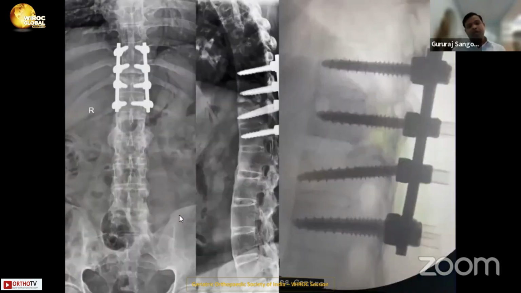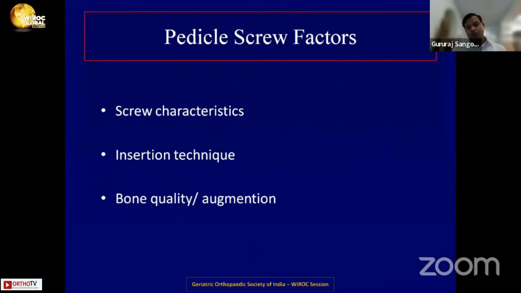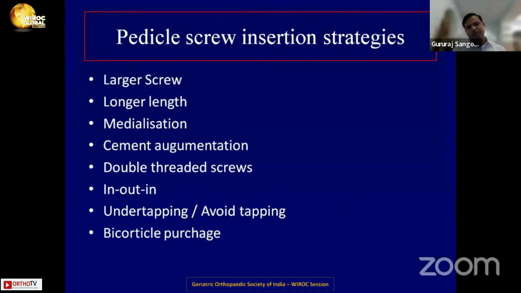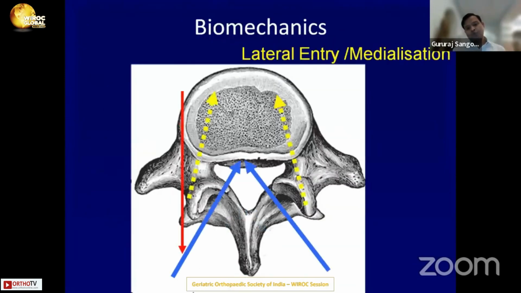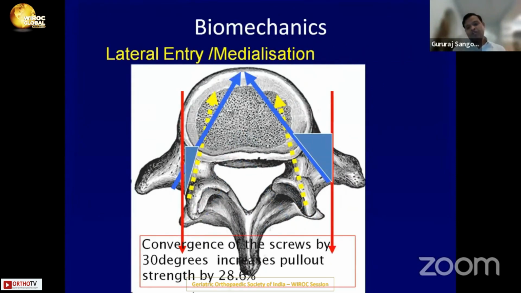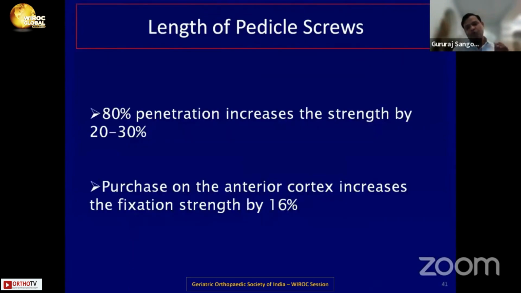You have to look at screw characteristics, insertional techniques, bone quality and augmentation. You can use larger screws, longer screws. Medialization of the screws increases the pull-out strength by around 28%, that's around 30% of the pull-out strength.